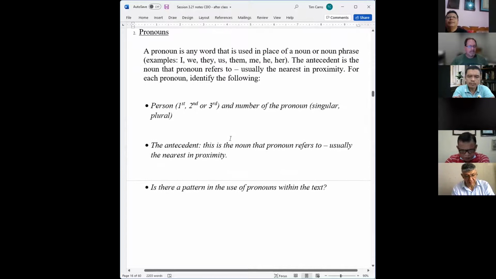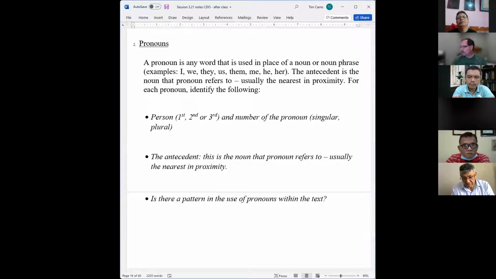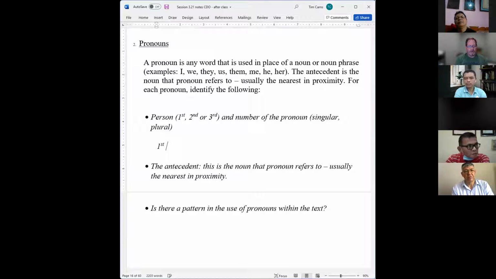In this step, what you want to do is identify whether it is a first person, second person, or third person noun, and you also want to identify the number. So what I mean by that is this. A first person pronoun is I, we, us, okay?